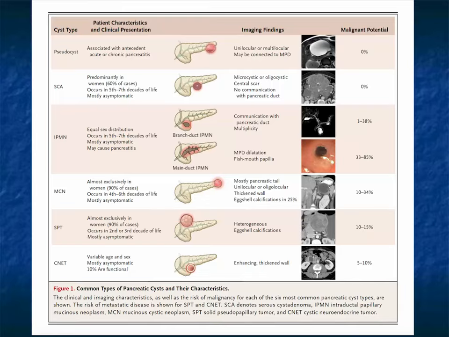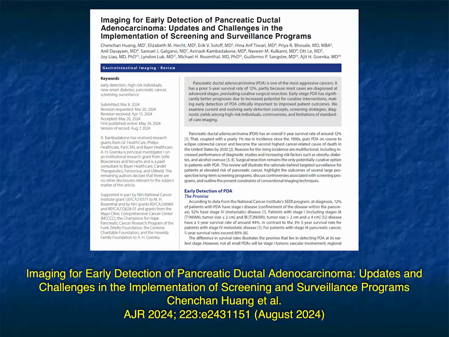If you look at many of the cysts, serous cystadenomas, 0% chance of malignancy, IPMN typically 1 to 3%. We need to get better. Too many patients are going to surgery. Too many patients are being followed. What else can we do?